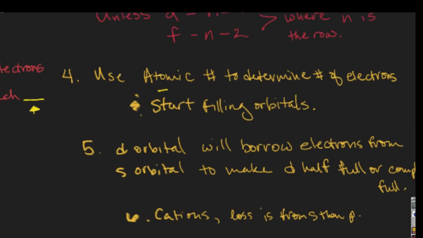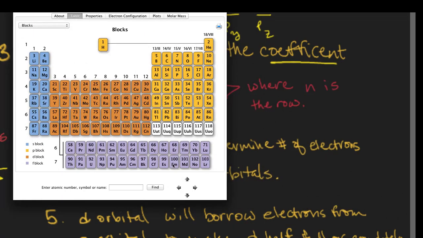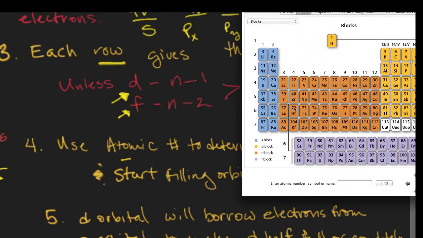and the fact that we must remember that for the D and for the F, there's a slight twist on that rule I just gave you. Whenever I look at a row and I'm in the D block, the transition metals that were found on this periodic table in that copper color, I have to use one less.